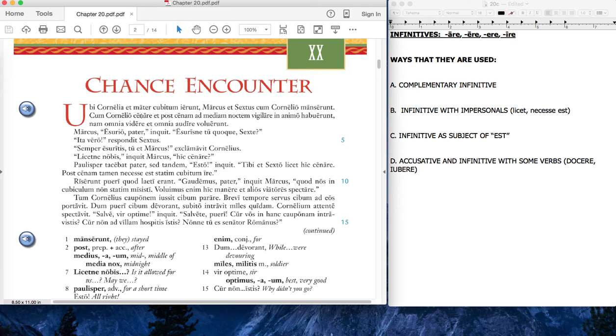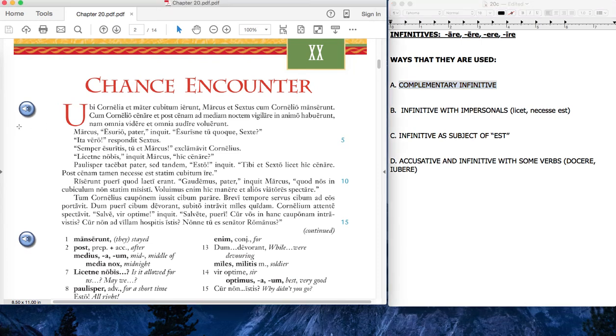They intended to dine with Cornelius, and they also intended to stay up to the middle of the night, or to midnight. So both of these infinitives, cenare and vigilare, complete the sense of this verb phrase here, in animo habuerunt. Those are both going to be categorized as complementary infinitives since they are completing another verb.